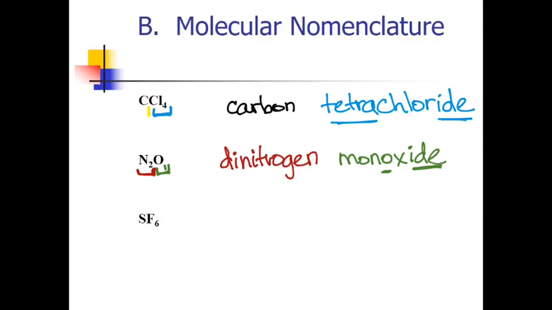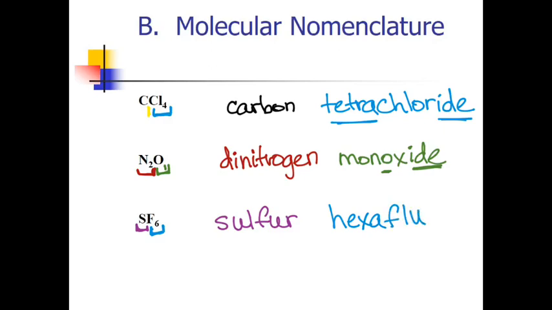And for our last example, there is only one sulfur right here, so we just write sulfur. But there are 6 fluorine atoms. So our prefix for 6 is hexa.